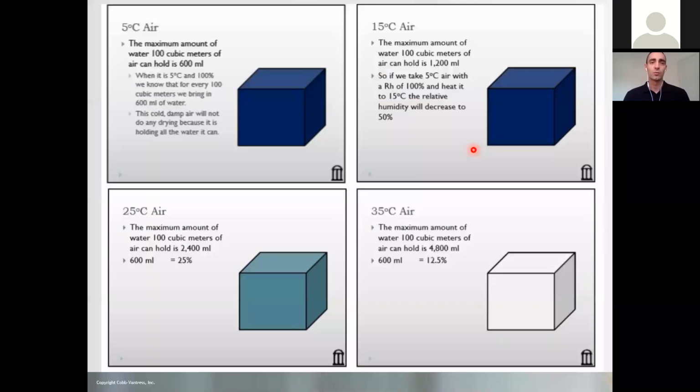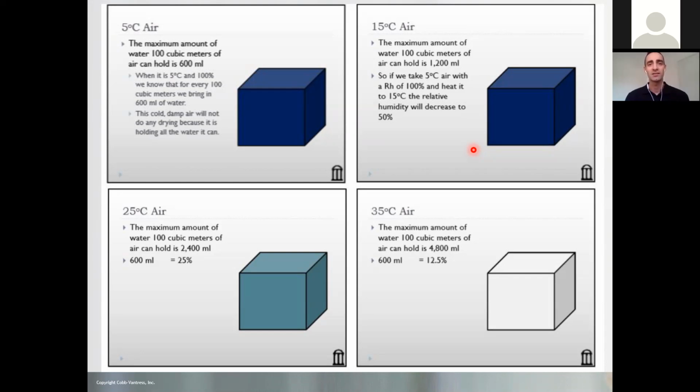Okay, so why do we want to get the relative humidity down of that incoming air? So basically, this is pure physics, and what we know is if we take, say, a fixed volume of air, say 100 cubic meters of air at 5 degrees Celsius, we know that that air can only hold a maximum of 600 milliliters of water or moisture.